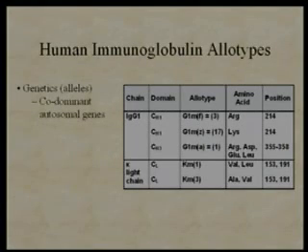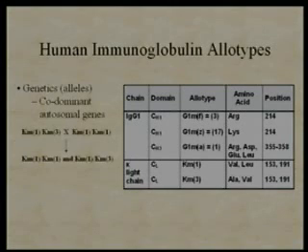They both are expressed, so if you are a heterozygote, KM1, KM3 for example, and I were to take some of your immunoglobulin and look for the presence of the allotypes, I would find both 1 and 3 expressed. And they follow just simple Mendelian genetics. If we have a heterozygote crossed with a homozygote KM1, roughly half of the offspring will be KM1, and the other half will be heterozygote. So it's simple Mendelian genetics.